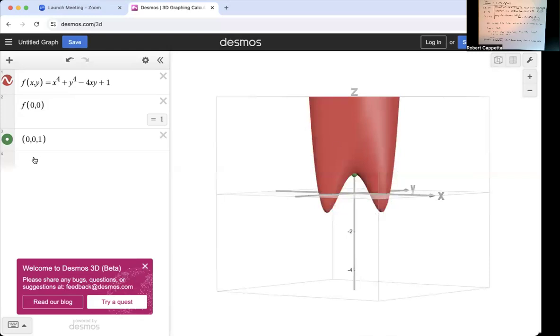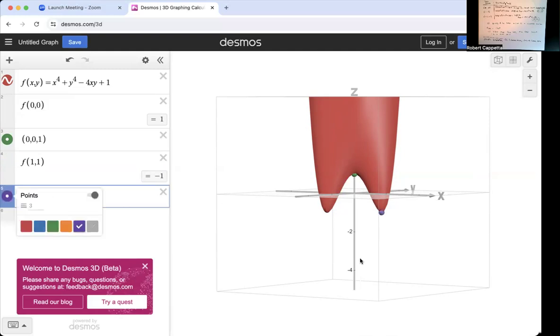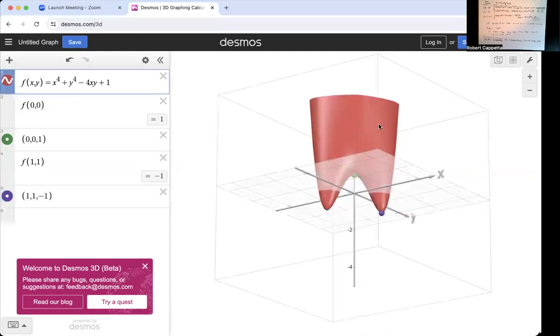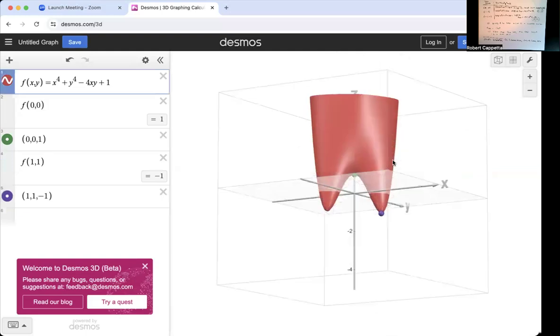How about 1, 1? What is f of 1, 1? We believe it's going to be a local min. F of 1, 1 is -1. So let's put in the point 1, 1, -1. Choose the color, we can see a little better. So there we go. We can see this dot here. 1, 1, -1 certainly appears to be a local min.